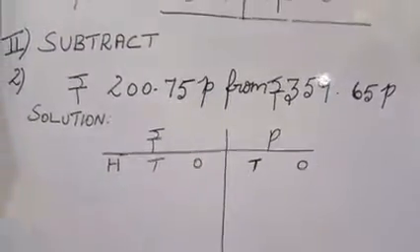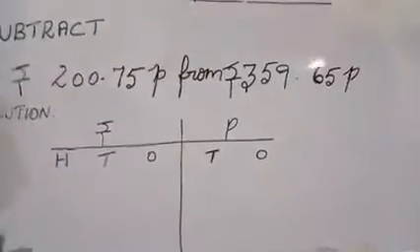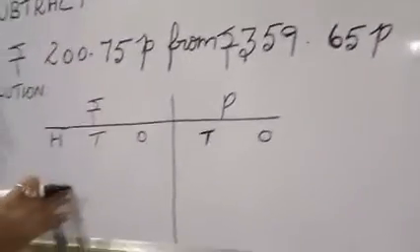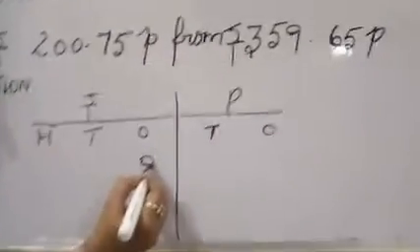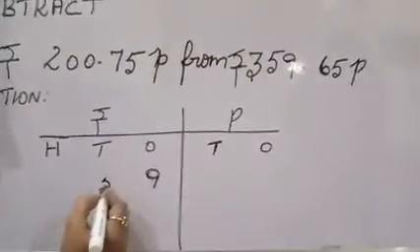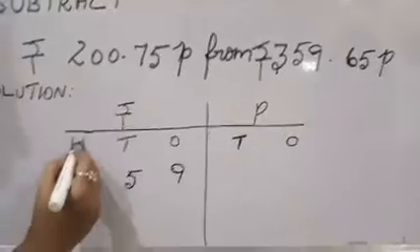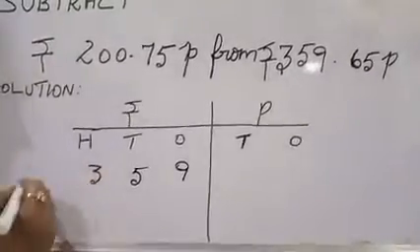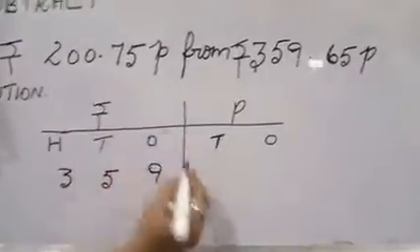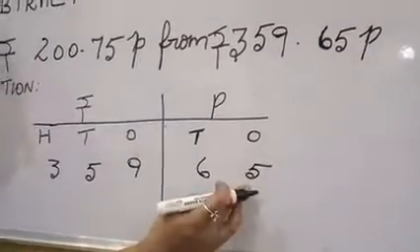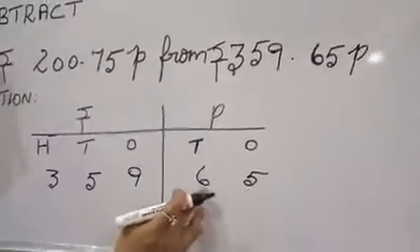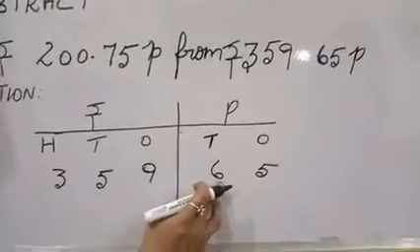Yes, 359 rupees you need to write first. In the ones place you have 9, in the tens place 5 and in the hundreds place you have 3. Then how many paise? 65 paise. In the ones place 5, in the tens place 6.